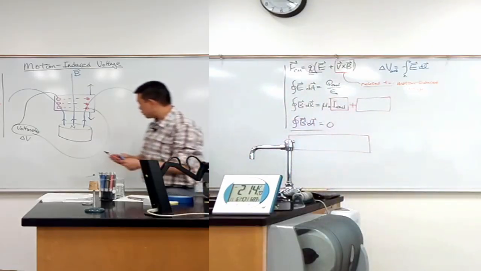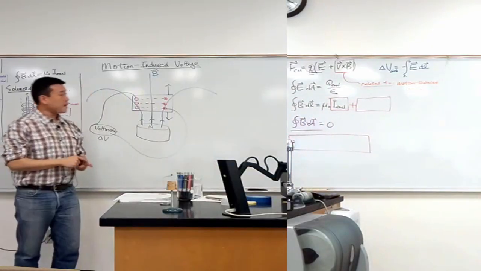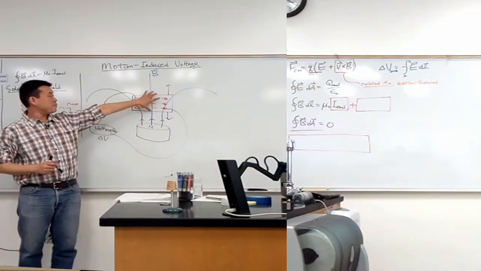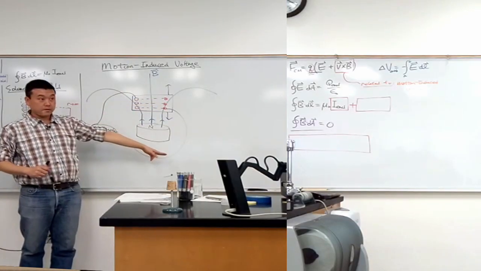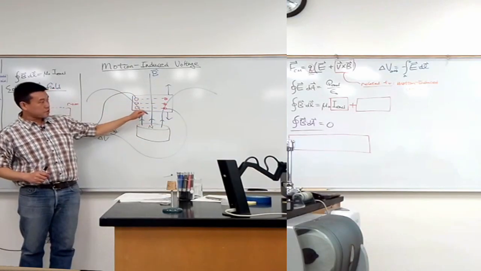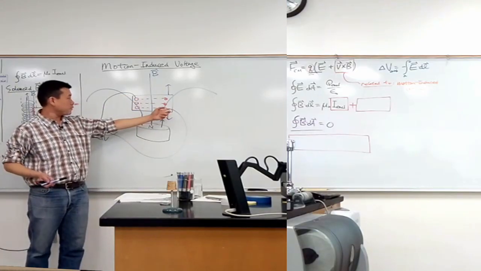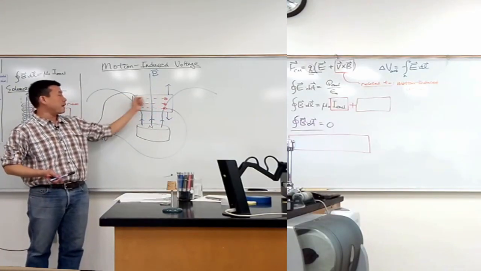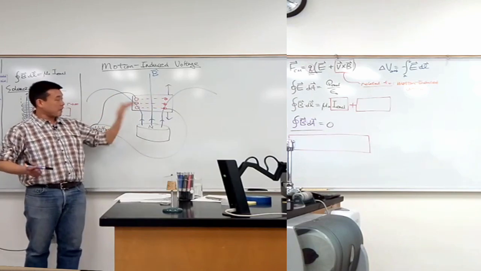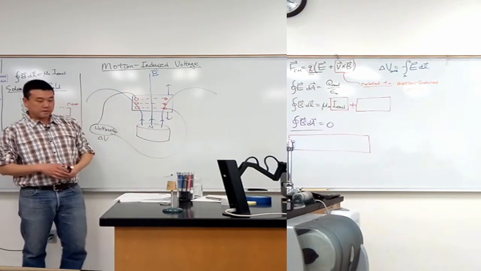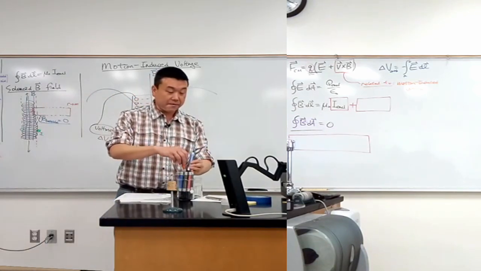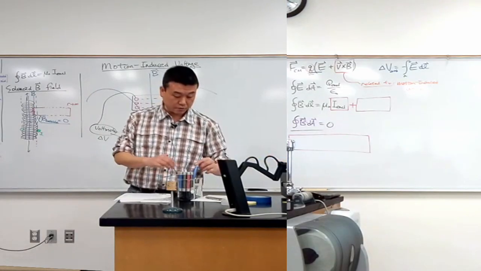That's what I want to analyze here: as I move this up or down, there's some direction of the V cross B. As I go around this loop, each time I go around, it adds up, so I should get something that can be measured as a voltage by an oscilloscope.